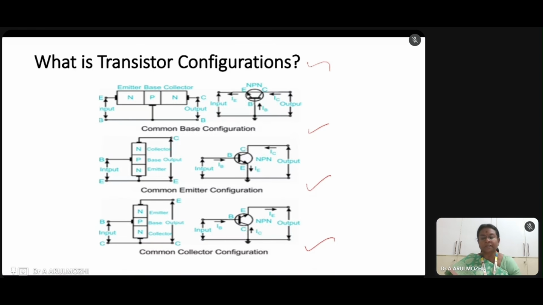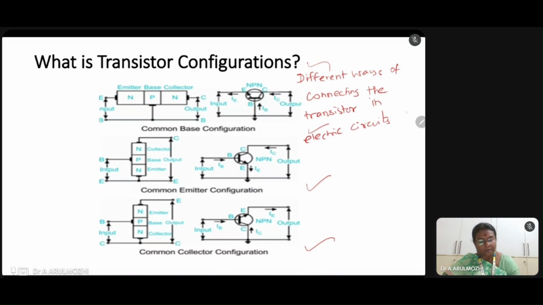It is nothing but the different ways of connecting the transistor in electric circuits to perform specific functions.